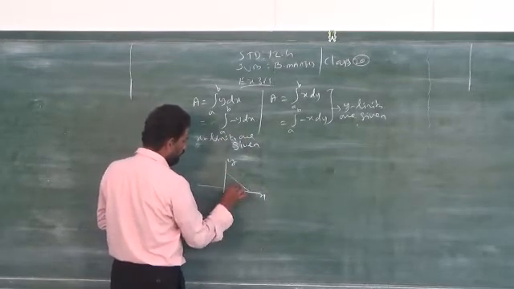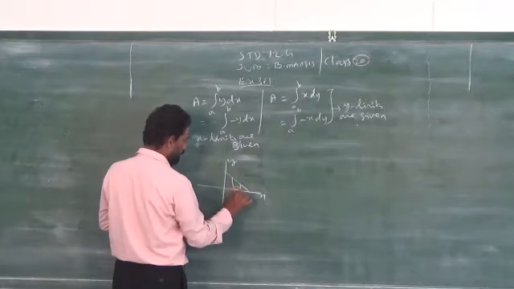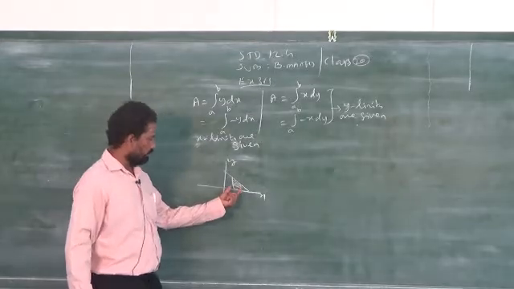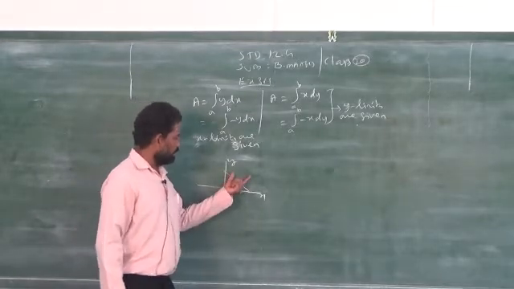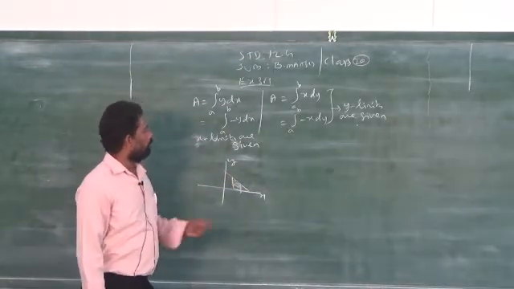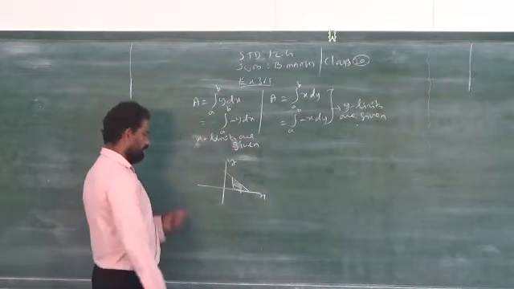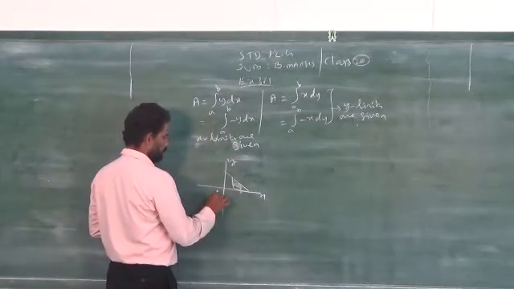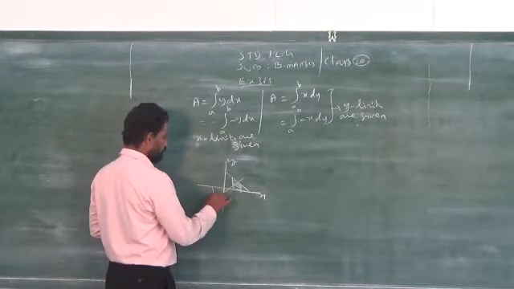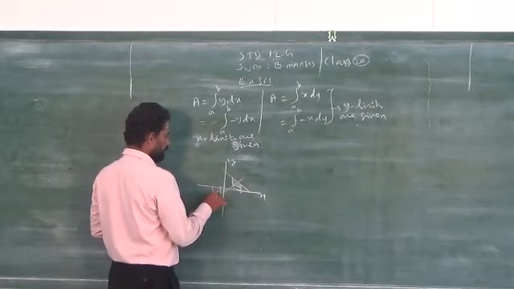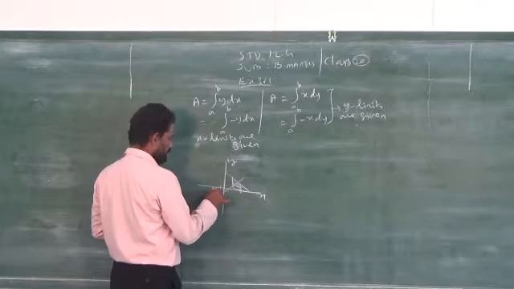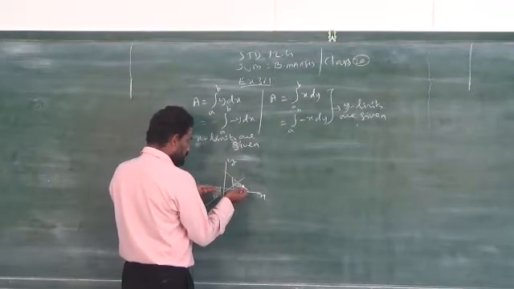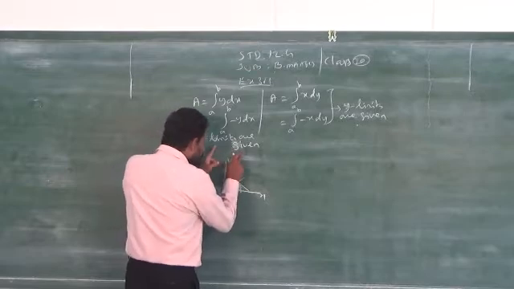Suppose you like to find out the area between two specific limits of a straight line; it is above the x axis, therefore you have to take y dx. In the same way, suppose you have to find out the area between these two; this is below the x axis.